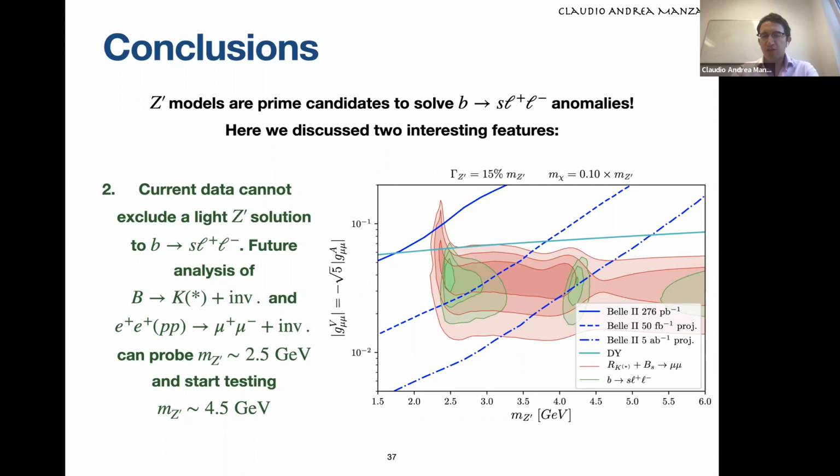But future projections, in particular for B2K or B2K star plus invisible searches and e plus minus to mu plus mu minus plus invisible, can probe for sure the lowest mass solution around 2.5 GeV and start also testing the other solution between 4 and 4.5 GeV.